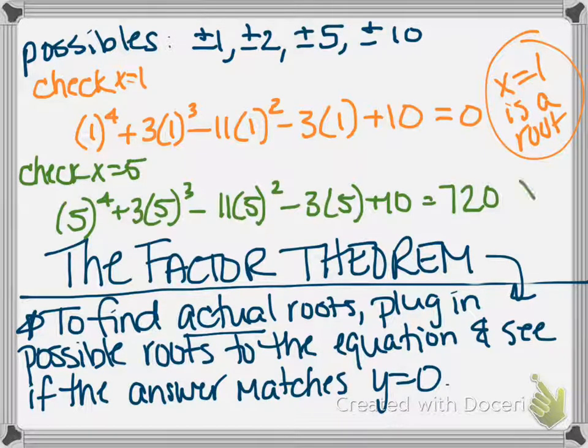Which means x equals 5 is not a root. Okay? And that's all the factor theorem says. If you plug in the number and you get 0, then you're good. If you plug in the number and you don't get 0, then it's not a root. That's one way of checking. There's others, and we'll see that next.